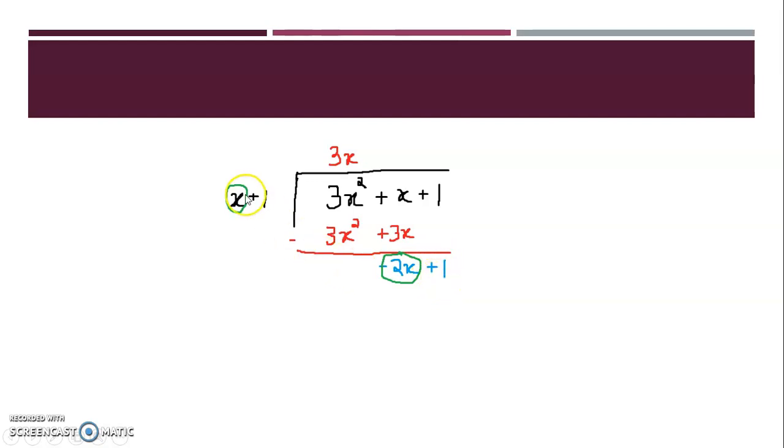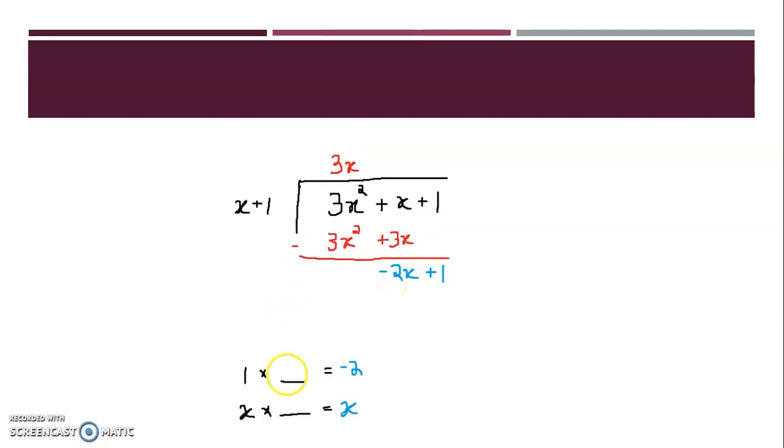Okay, so now we look at x and minus 2x. What into x will give us minus 2x? So 1 into minus 2 is minus 2, and x into x to the power 0 is x.